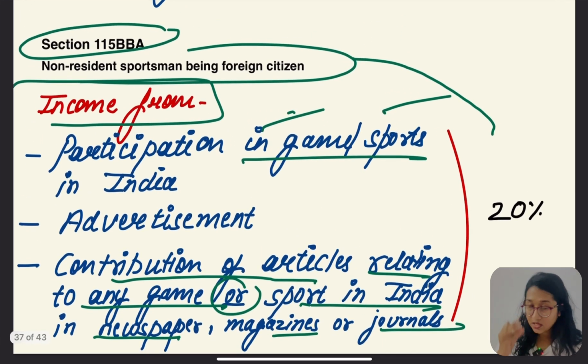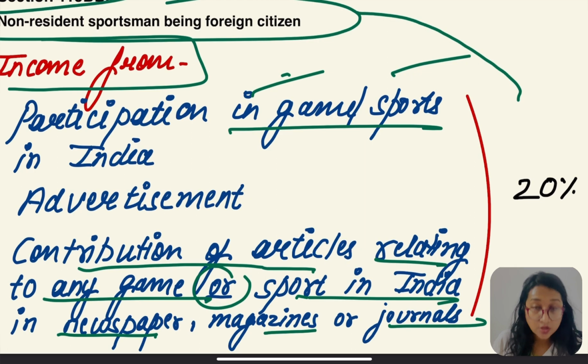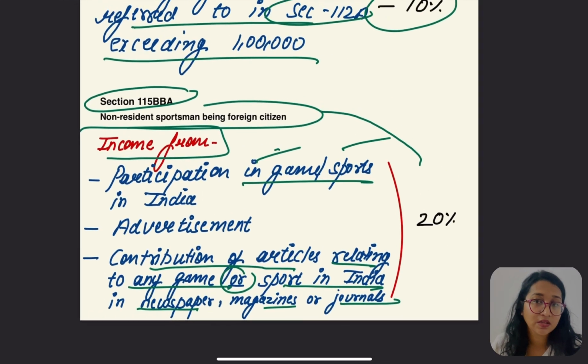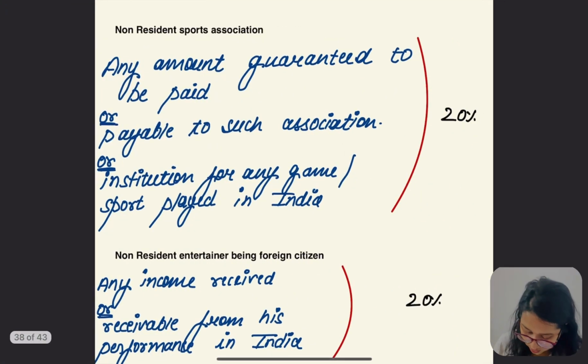Either he has participated in a game or sports in India, or contributed an article related to any game or sports in India, or given any advertisement, in that case 20% is going to be taxable.